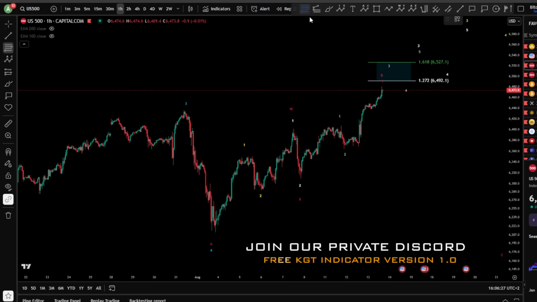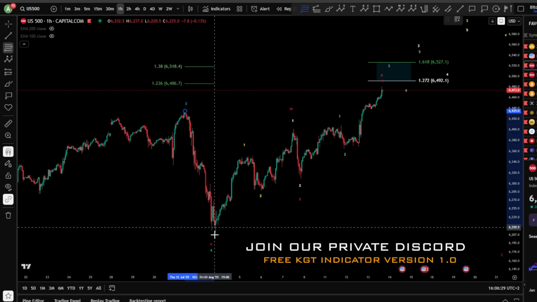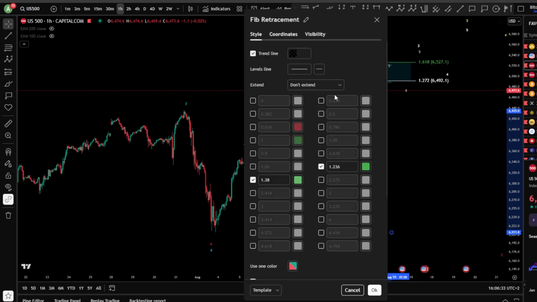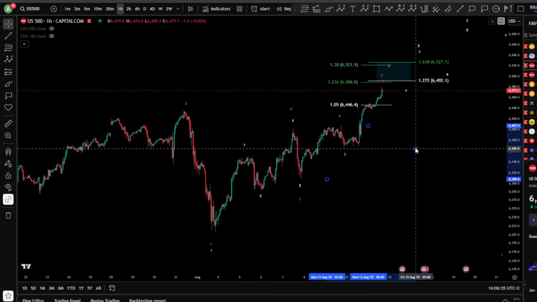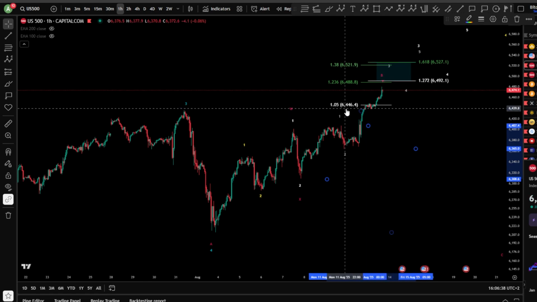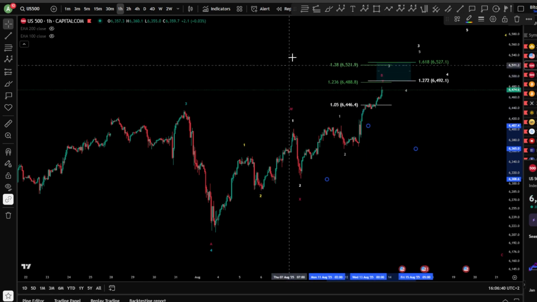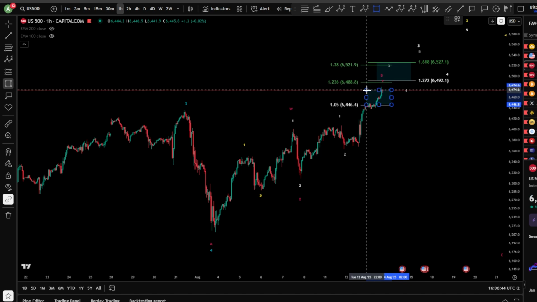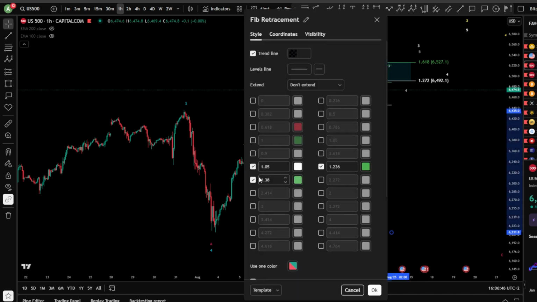If we take also here the fib levels taken from the A, you can see you're very close to the perfection, but don't forget that you took already the 1.05 here. So it's already taken and you're already in the zone area for a wave B. Okay, so we have to be very, very careful.